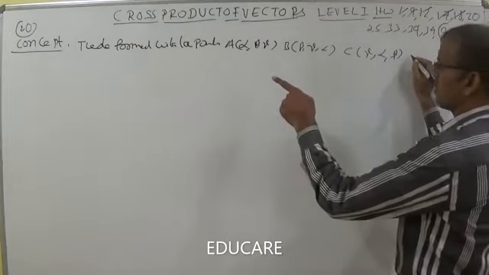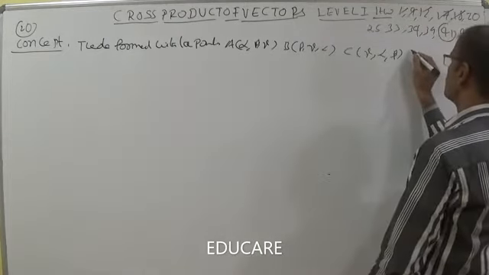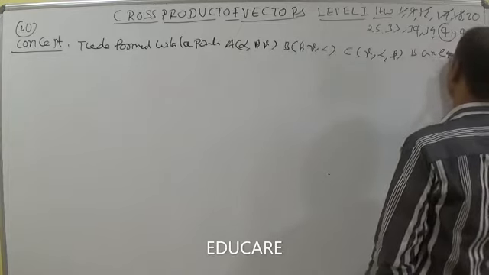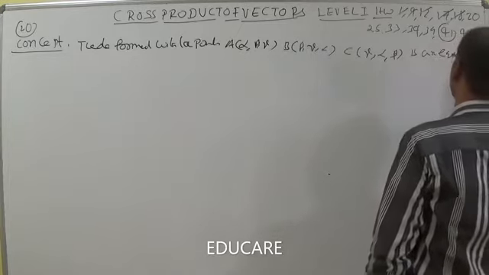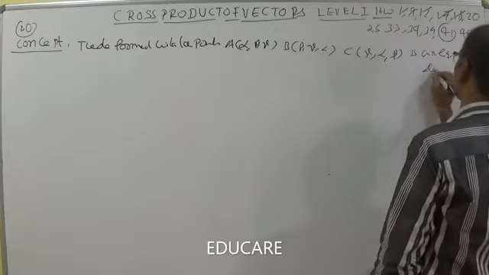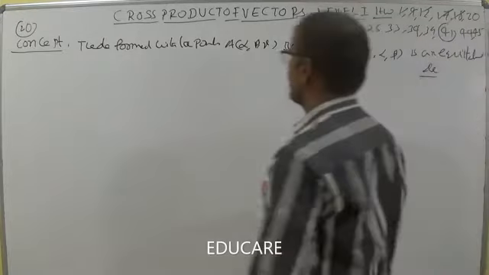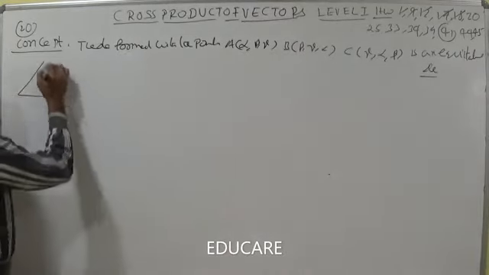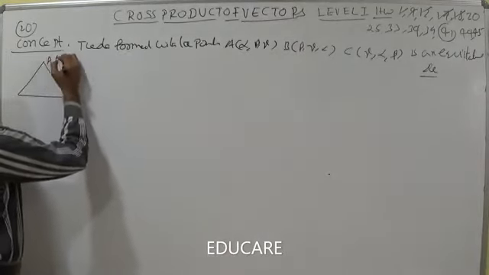The triangle formed with these points is an equilateral triangle. It is the formula: the triangle with A (alpha, beta, gamma), B (beta, gamma, alpha), C (gamma, alpha, beta) is always an equilateral triangle.